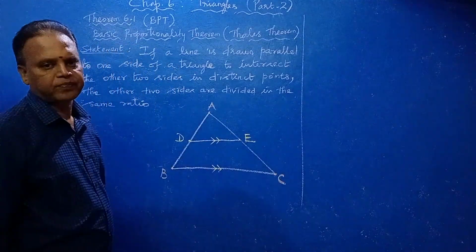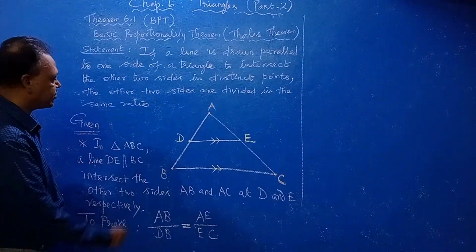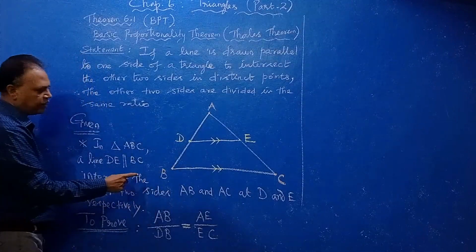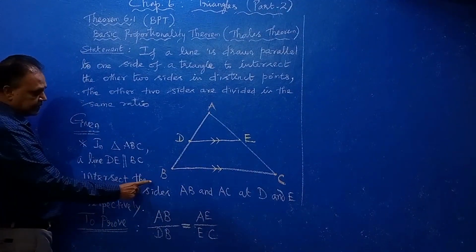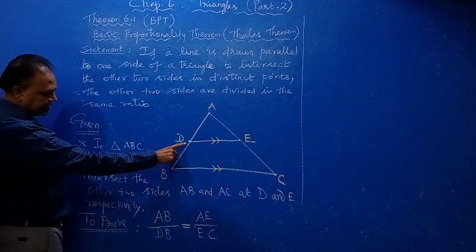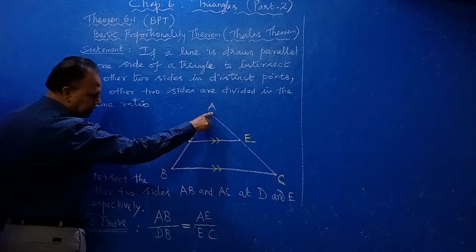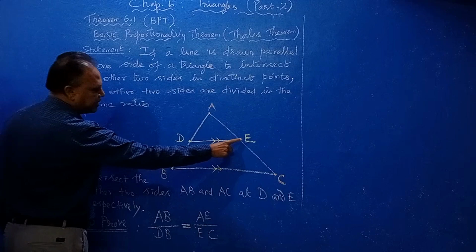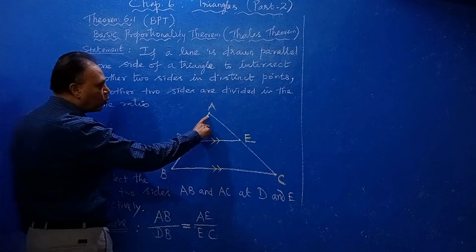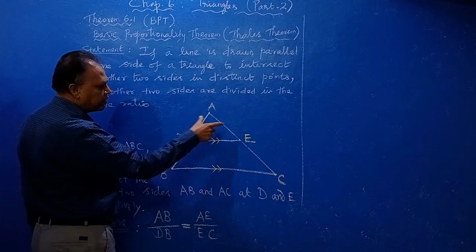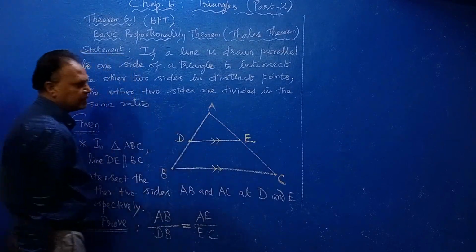Clear? So given triangle ABC, DE parallel to BC intersects the other two sides AB and AC at D and E respectively. To prove AD by DB equals AE by EC.